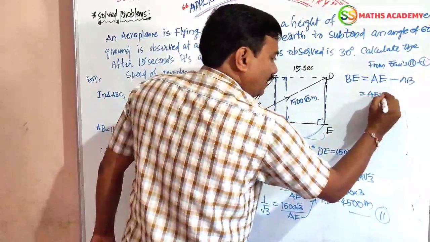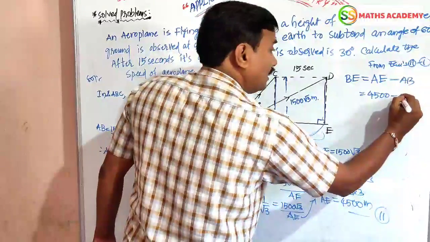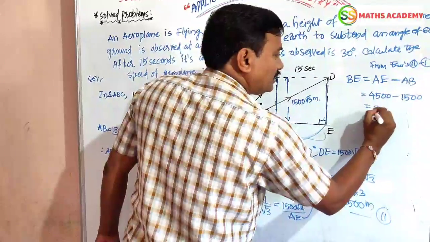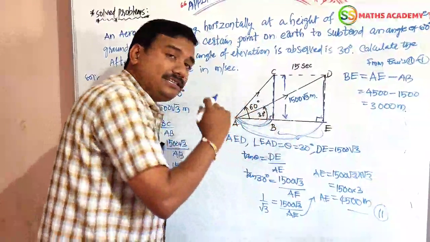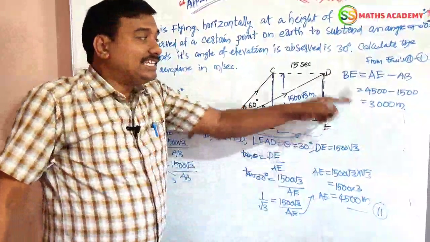This is 4500 minus 1500, which is 3000 meters. The distance it travels in 15 seconds is 3000 meters.